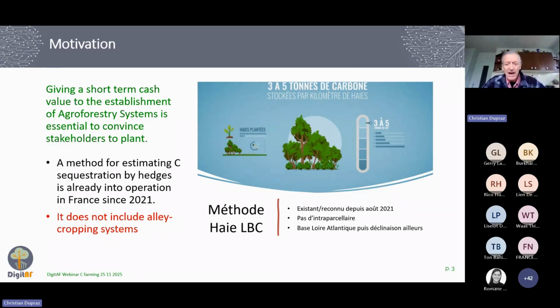It was funded by one region in France, the Loire-Atlantic region, but then it was extended to the whole territory of France, and does not include intra-parcel agroforestry systems. It's only for hedges.